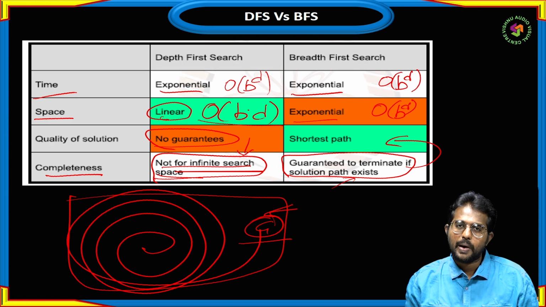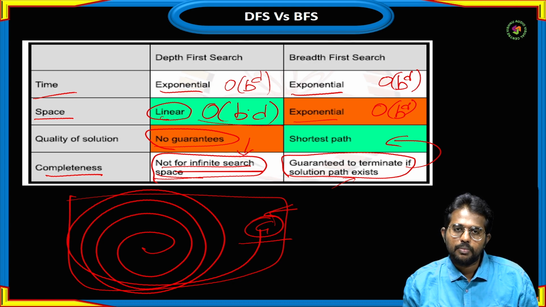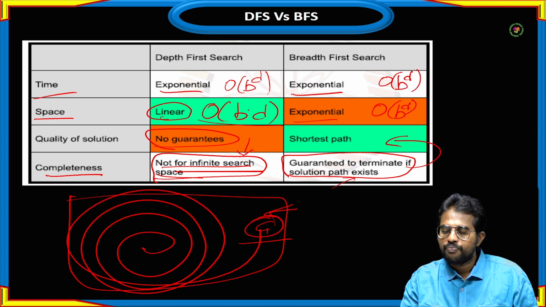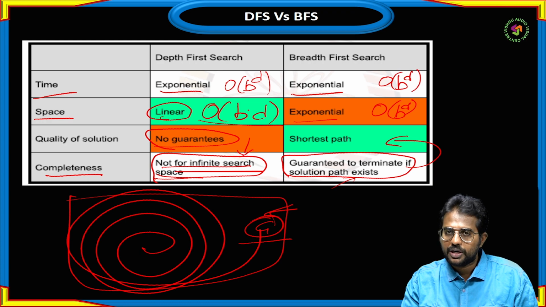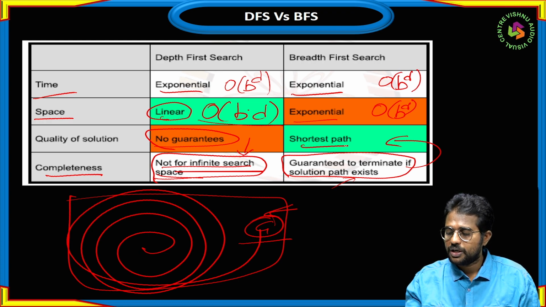Also, the paths we get from DFS are not the best paths. Maybe the best path can come, but the path returned by DFS is not always the shortest path. The path returned by BFS will always be the shortest path.